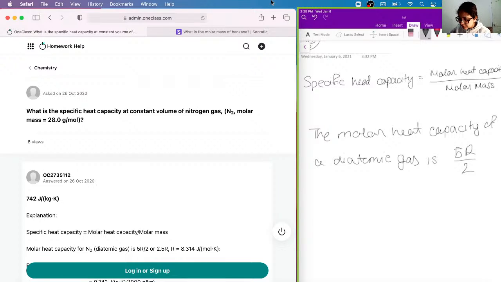Or it's 2.5R, where R is equal to 8.314 joules per mole Kelvin.